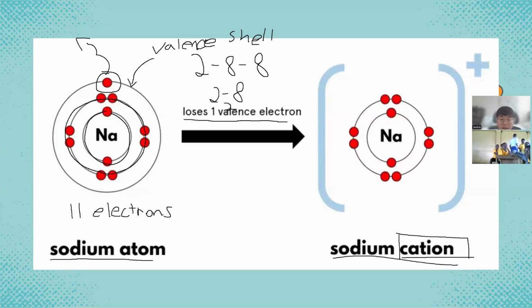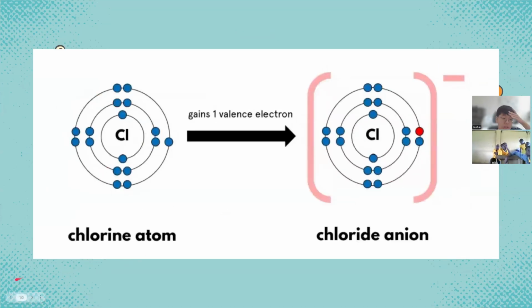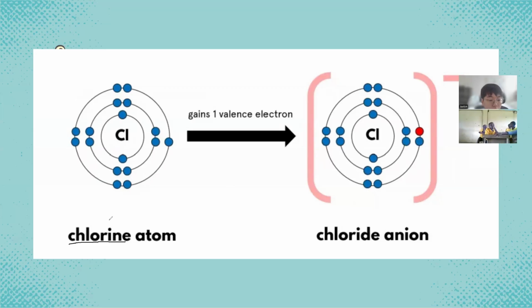Let's move on to one more example. Let's look at chlorine, Cl. If you have a periodic table in front of you, what is the atomic number of chlorine?